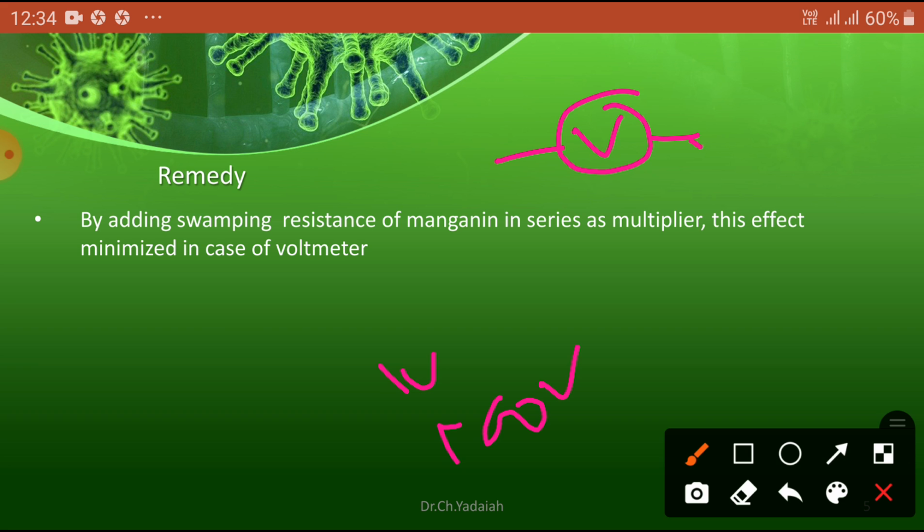For that purpose I connect some extra resistance, known as a multiplier, in series. I connect one more resistance in series, the swamping resistance, which is made of manganese material. So we connected one swamping resistance in series with the multiplier to avoid the temperature error in voltmeters.